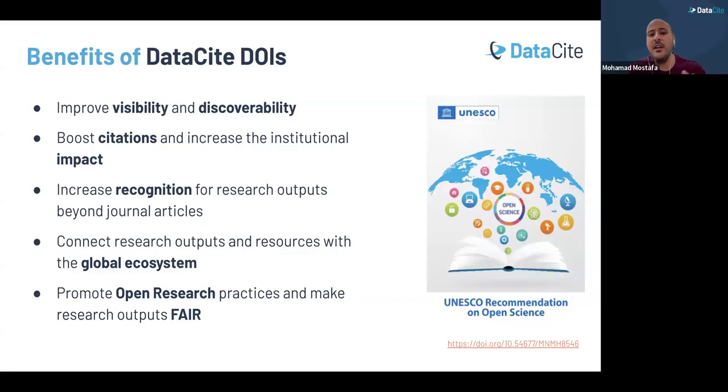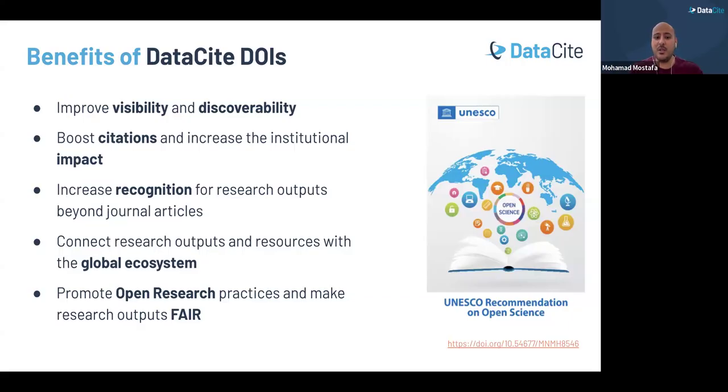All of these outputs should be acknowledged, should be visible, should be discoverable by the research community. And one way to acknowledge these outputs is to assign DOIs to them, because when you assign that global identifier, you are giving more visibility to these outputs.